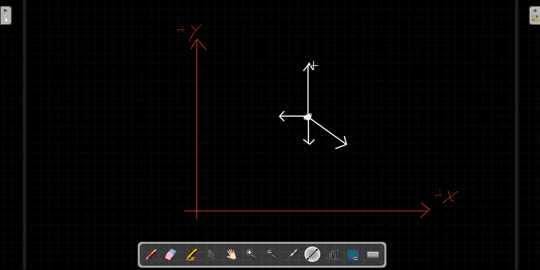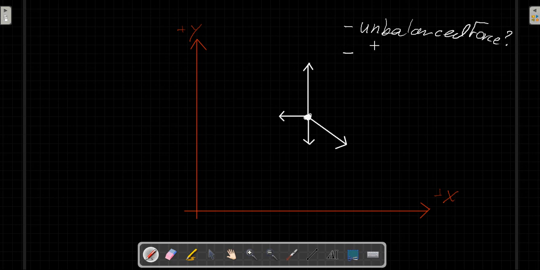And what I would like you to tell me is, first of all, in what direction is the unbalanced force, if there is any. And obviously, what are the components of each of these forces? You might want to label these. Tell you what, I'll label them for you because I'm nice like that.